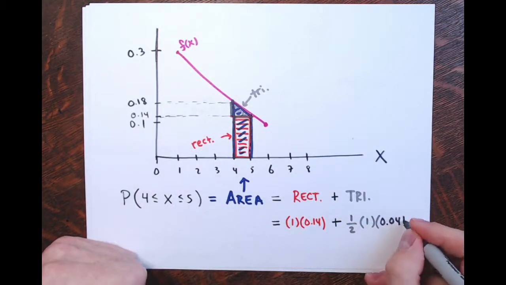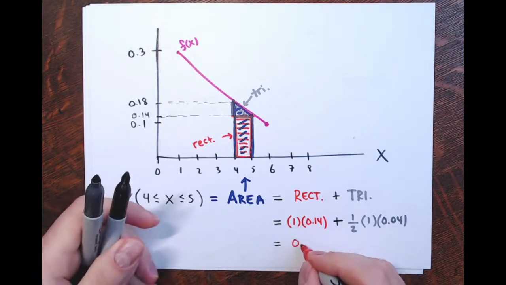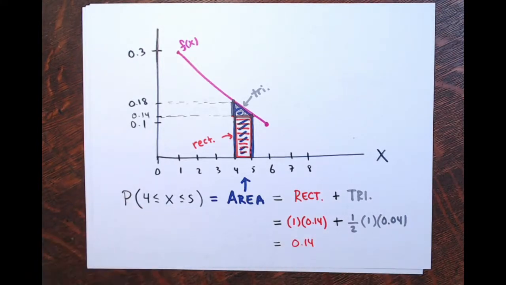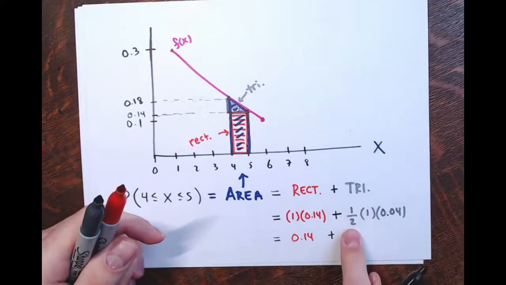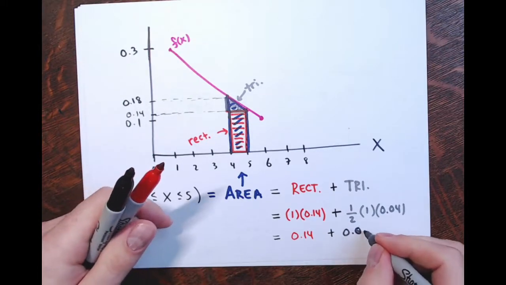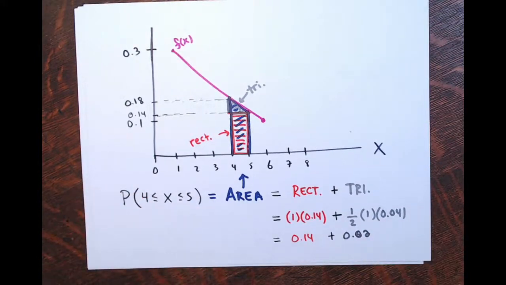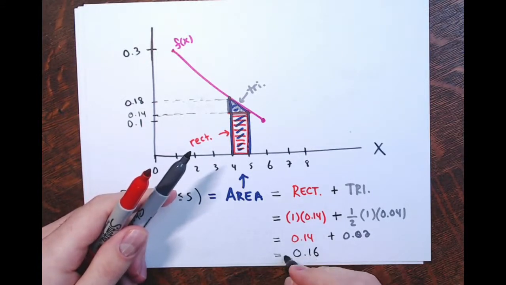All right, now I have the area of the rectangle and the area of the triangle. Let's figure them out. 1 times 0.14, the area of the rectangle, is just 0.14 square units, plus half of 0.04, which is 0.02 square units. Putting them both together gives me an area of 0.16.